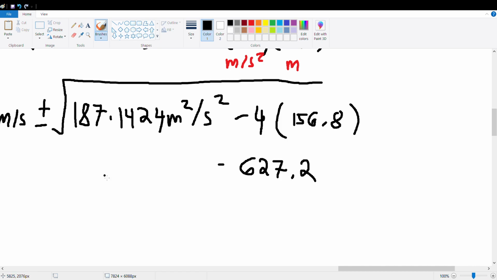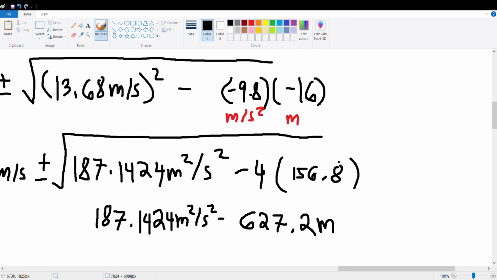And then we will have to subtract this one from this. Okay, hold on. This is also meters squared per second squared because it got multiplied.